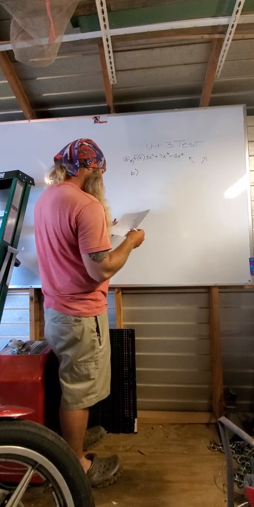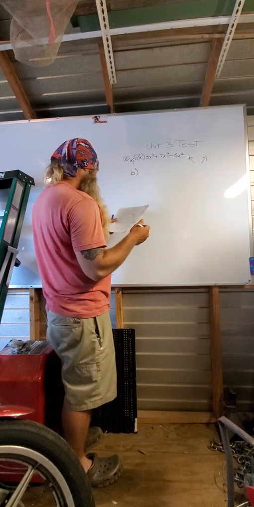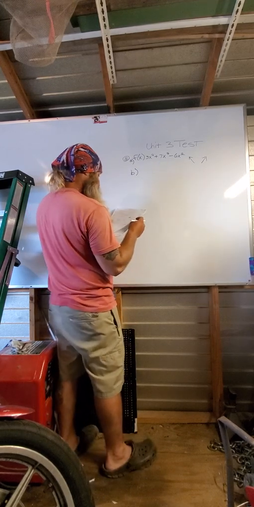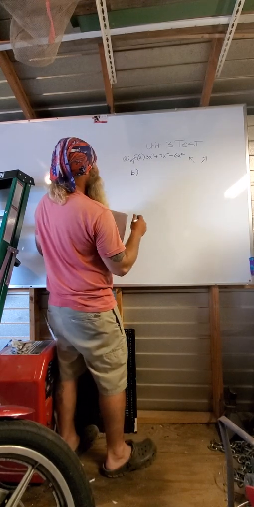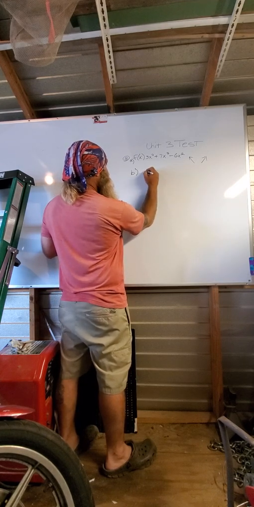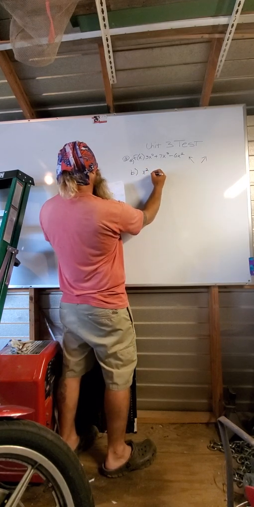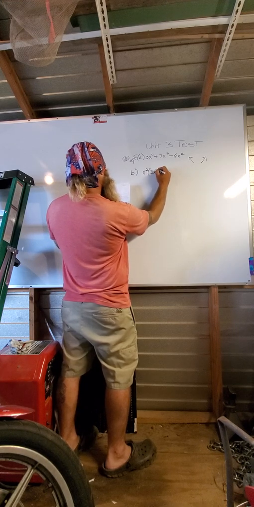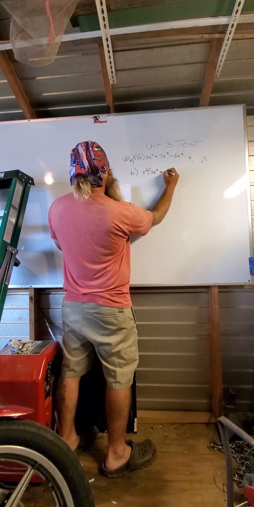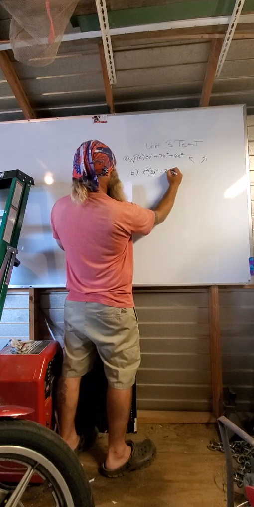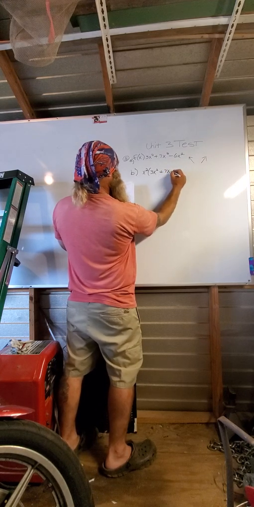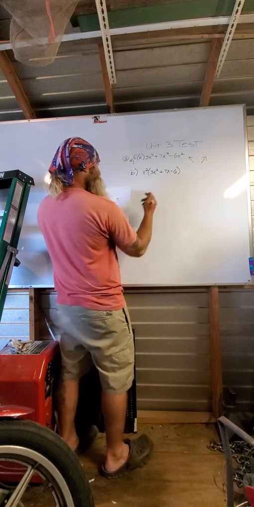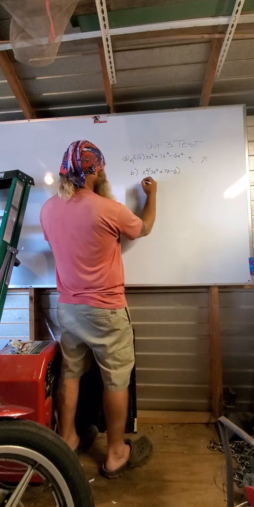This is B. You basically take this and we're going to factor out an x squared: 3x squared plus 7x minus 6, and factor this.